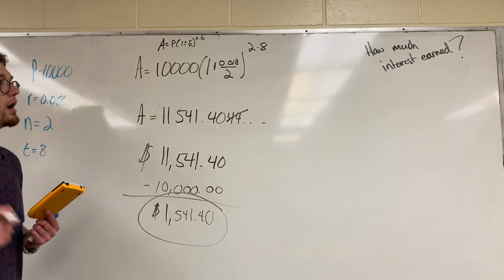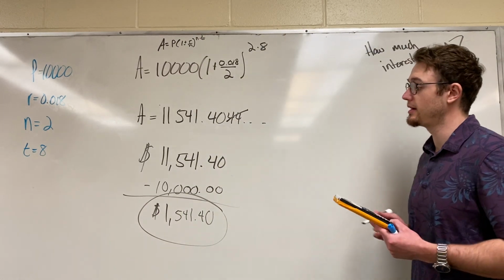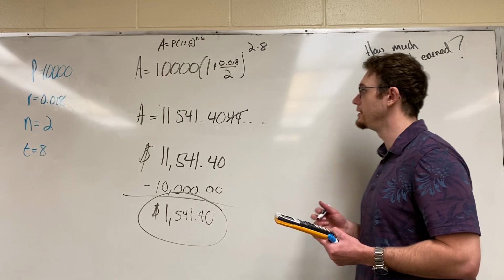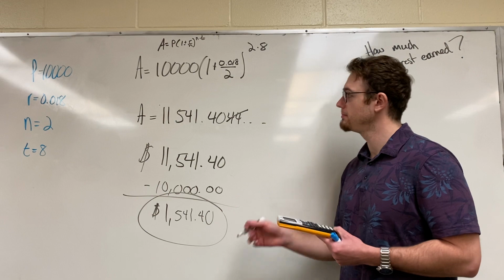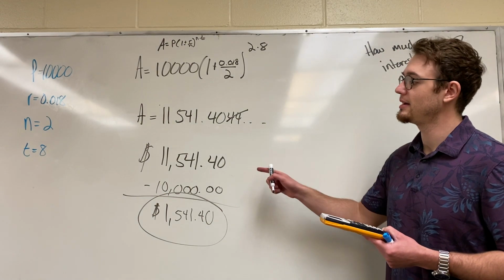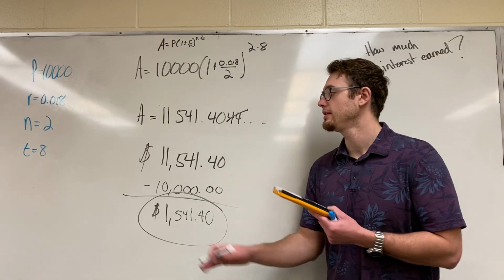That's a lot of money. I don't know about you, but that's a lot of money that I didn't have to do anything for. Sarah, she accumulated $10,000, you know, she saved, she worked her butt off, she saved $10,000. But then that $10,000 made her that much money without doing anything.